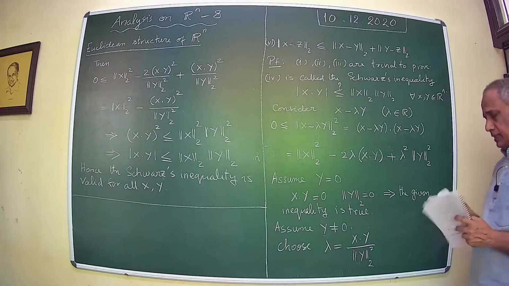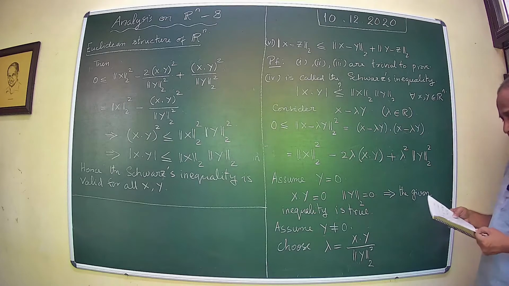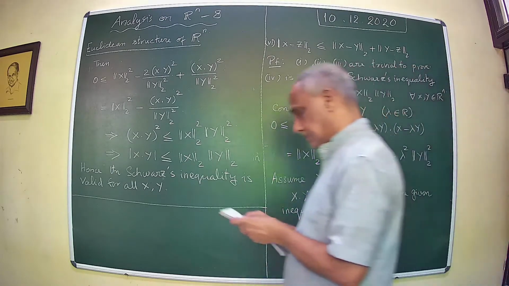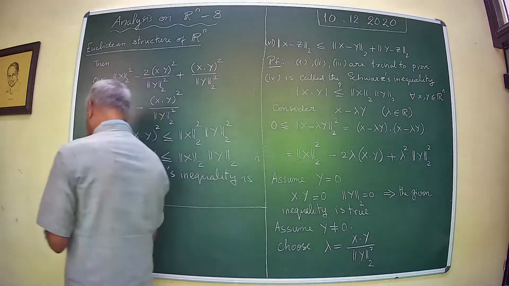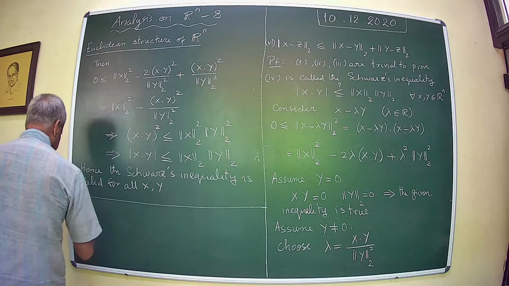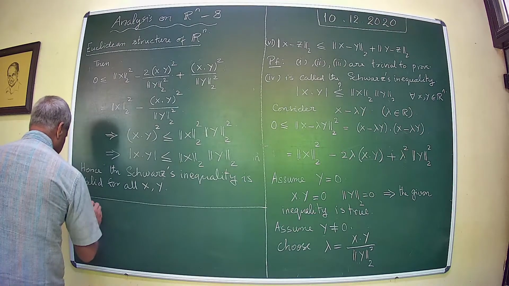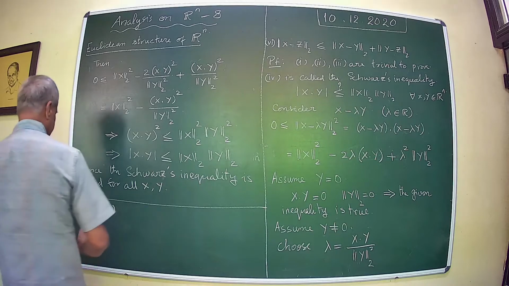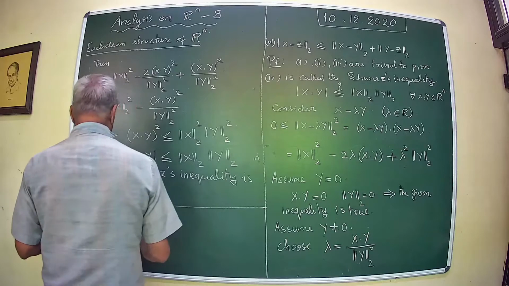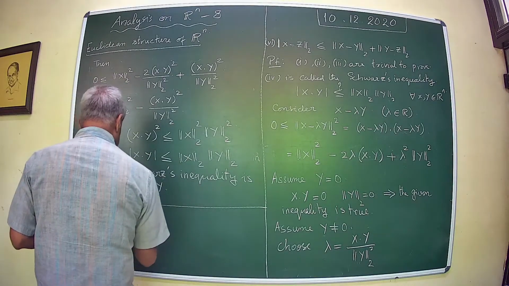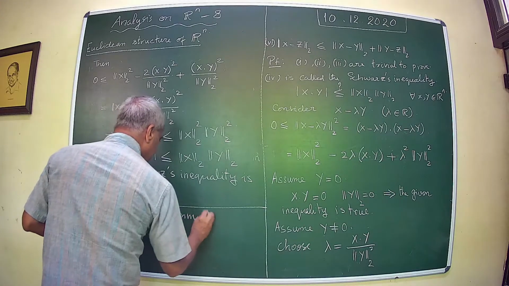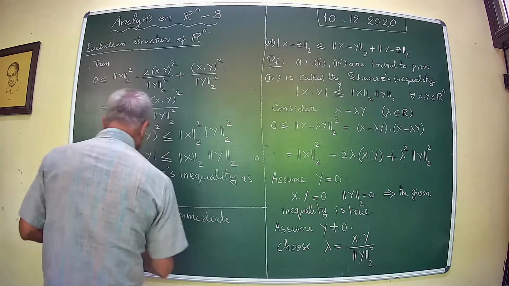Now, one of the immediate consequences of this is the following inequality. We have now proved that, and this is an immediate consequence of it.